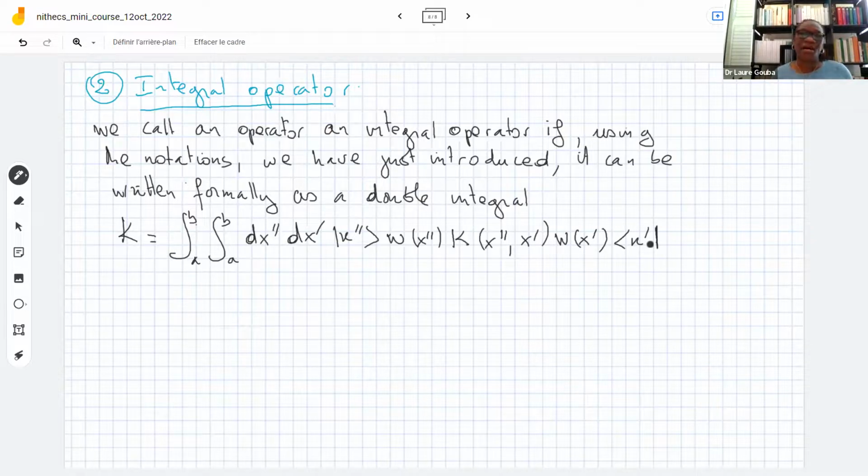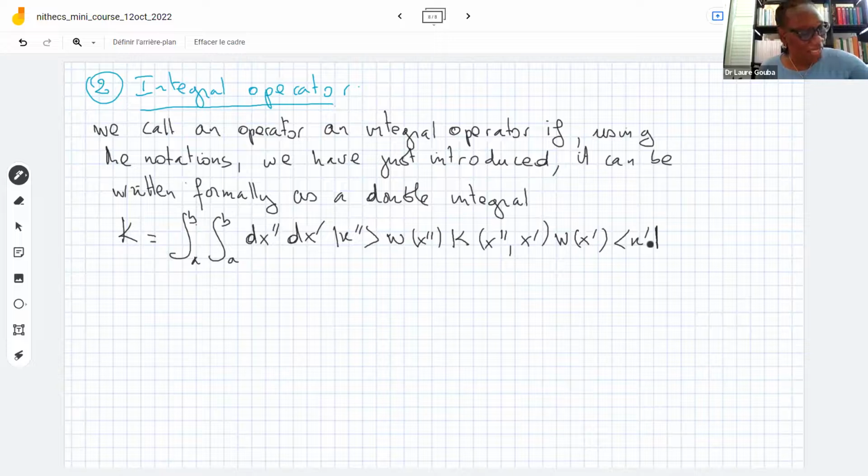So this is how, with respect to the notation I already gave, I can formally write an integral operator as a double integral. So this is how we define it.